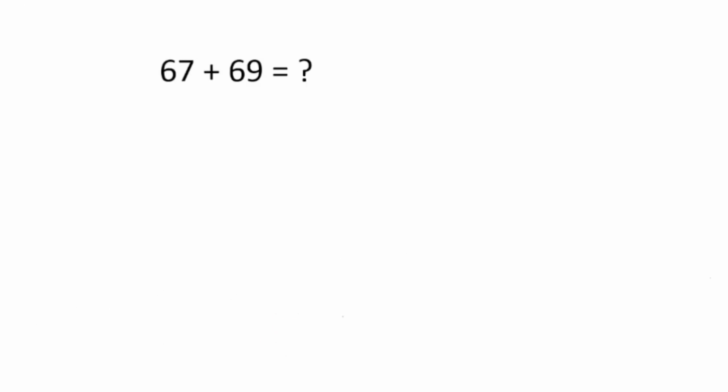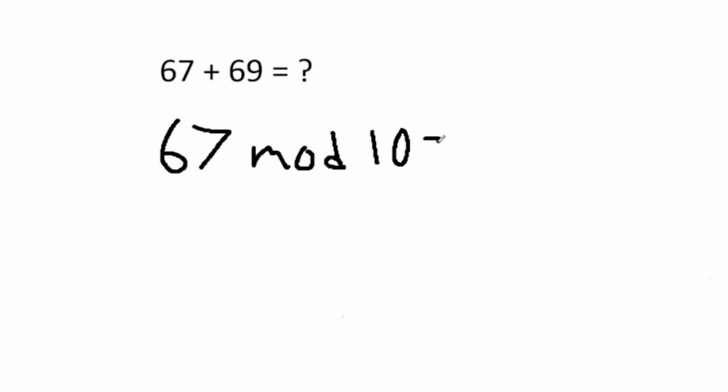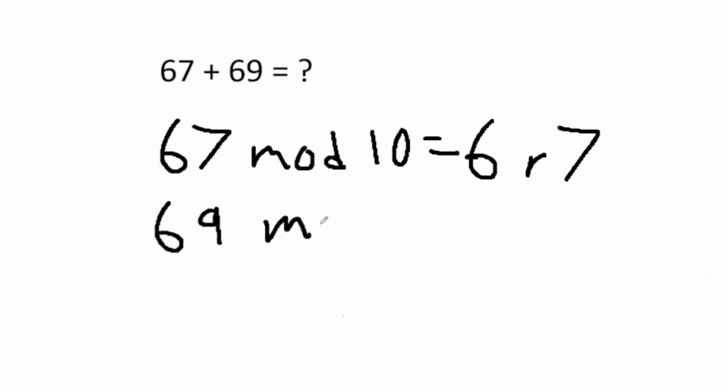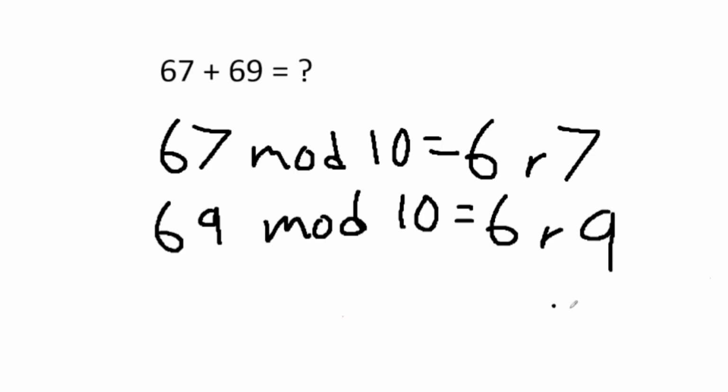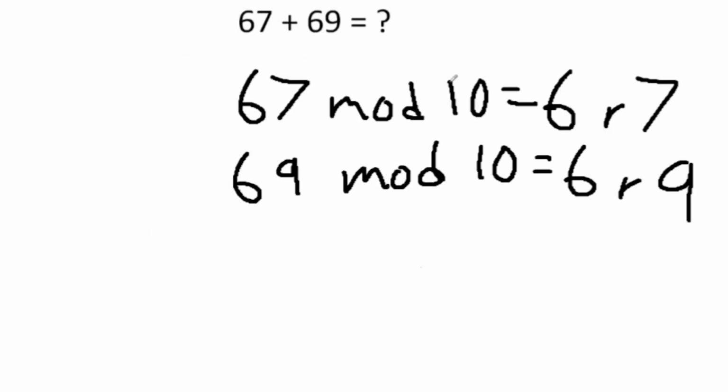I like using mods, which is how mods work, is you do, so 69 mod 10 is equal to 6 remainder 9. 67 mod 10 is equal to 6 remainder 7. Now let's group these up as like terms.